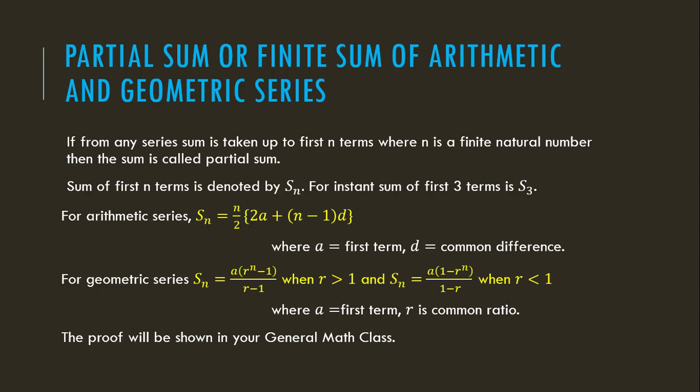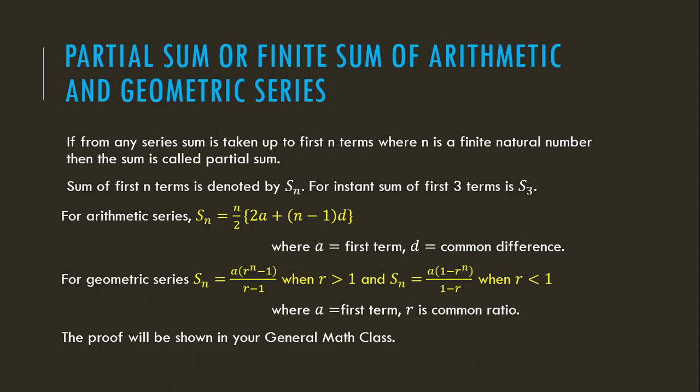So for a geometric series, there are two formulas to find the partial sum Sn: when r is greater than 1, Sn equals a into (r to the power n minus 1) divided by (r minus 1), and when r is less than 1, you will get Sn equals a into (1 minus r to the power n) divided by (1 minus r).